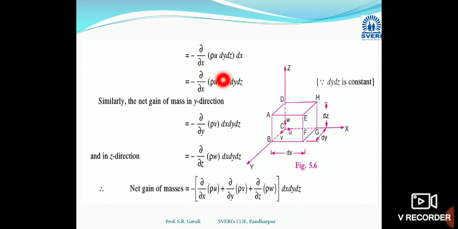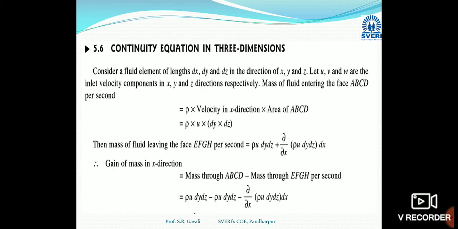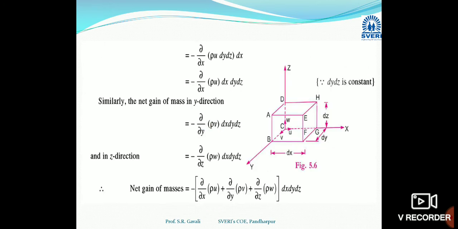So this is going to be ABCD, the entering section, and the leaving section is EFGH. Let us consider that the mass entering at the face ABCD is equal to rho u, where the velocity component in x direction is u, density is rho, and the area of cross section is here.